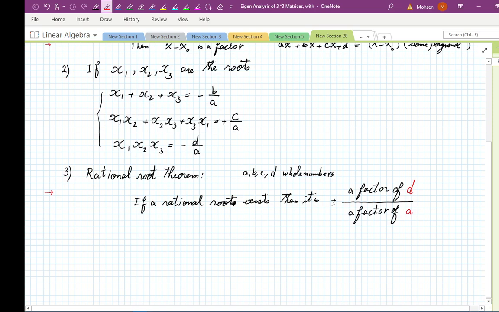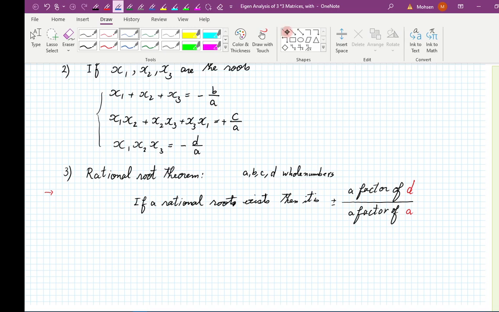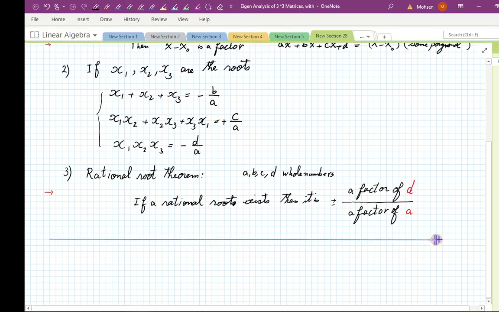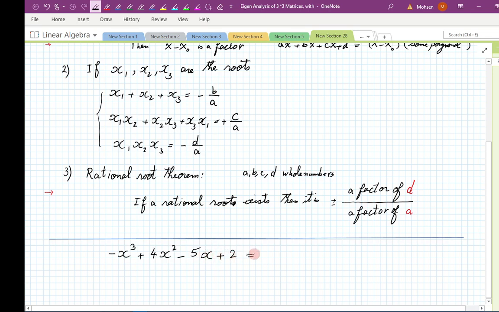So the problem I'm choosing is related to a problem that we are going to do later. So consider the following equation: minus x cubed plus 4x squared minus 5x plus 2 equals 0.